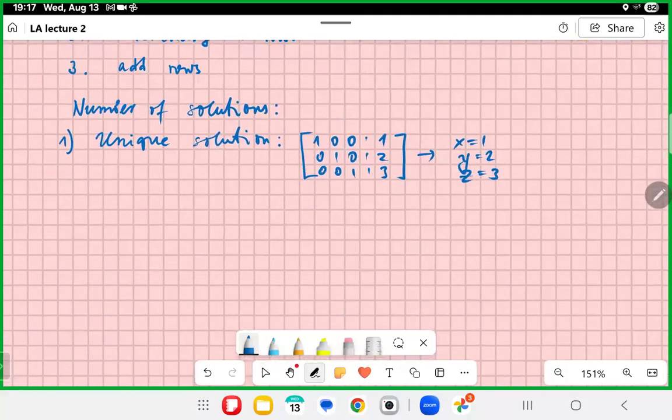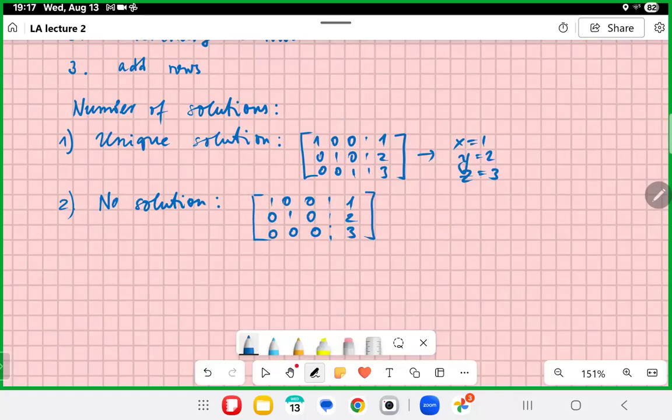Now we know that there are cases of no solutions. How is a no-solution matrix going to look? A typical example of a no-solution matrix is going to look like this.